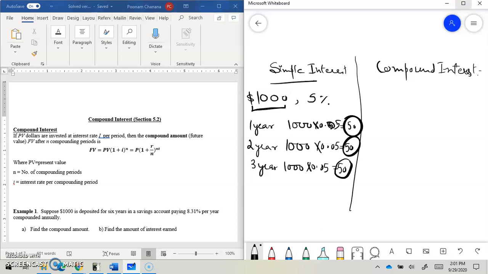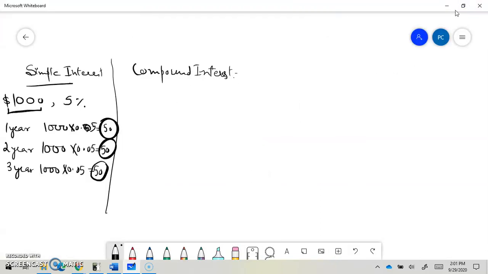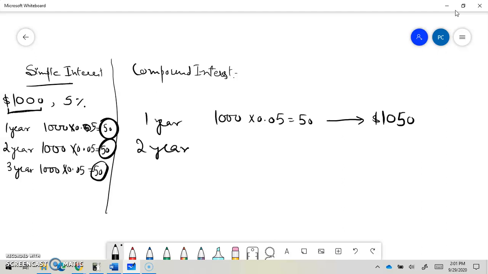But in case of the compound interest, the first year you get interest on $1,000, that is $50, meaning at the end of the first year in your account you have $1,050. Now at the end of the second year, instead of just 1000, the interest will be applied on the money in the account.